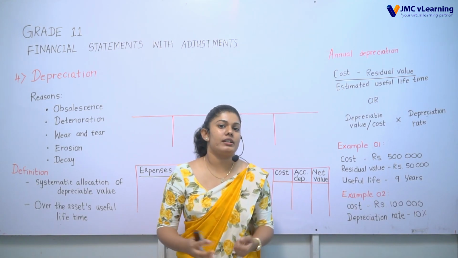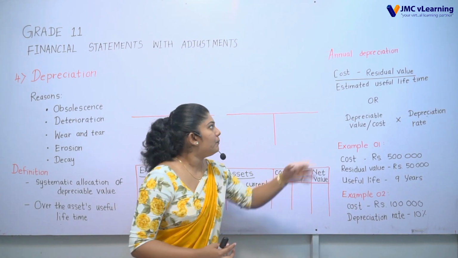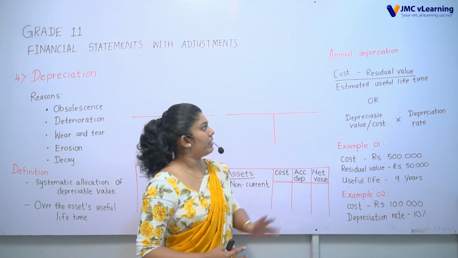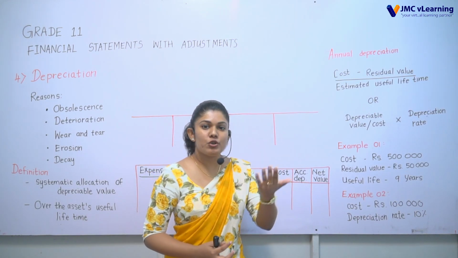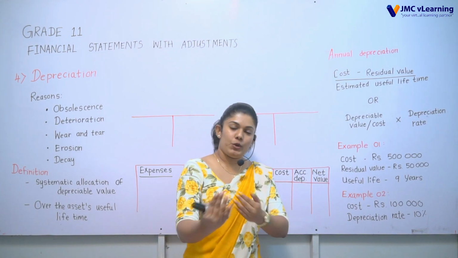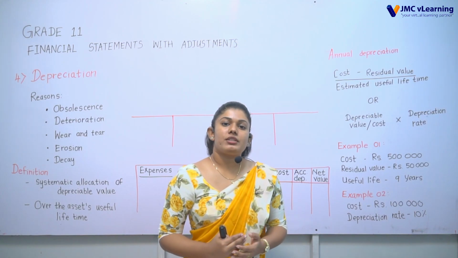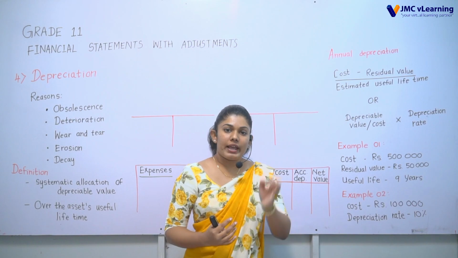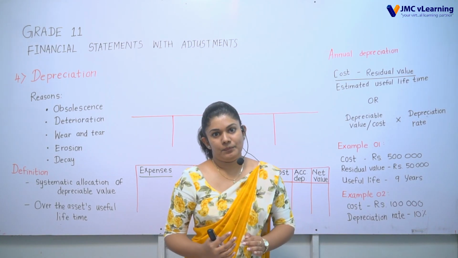Annual means for a certain year. To calculate that, we will need cost, residual value and estimated useful lifetime. We have to estimate this useful lifetime because nobody can say exactly how long this machine will be able to be used. Therefore, we will have to estimate a certain number of years.